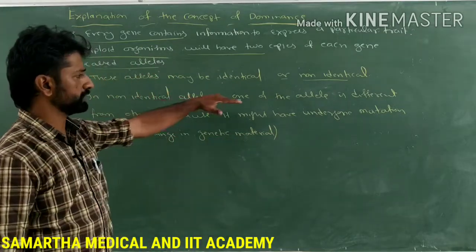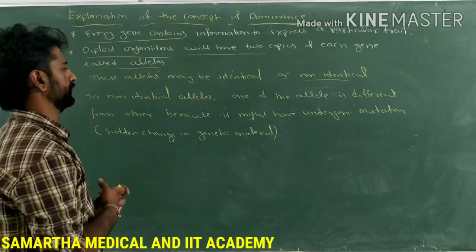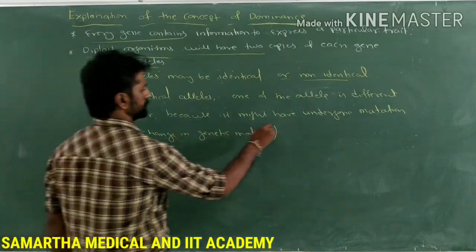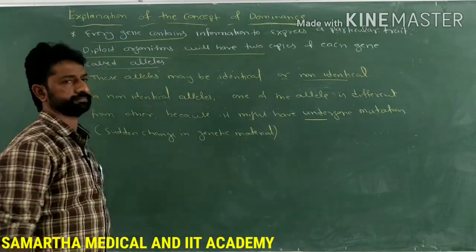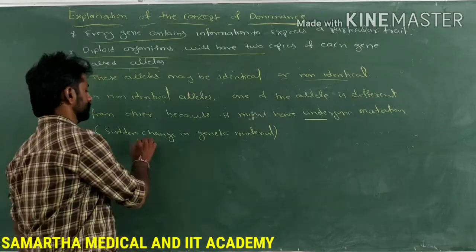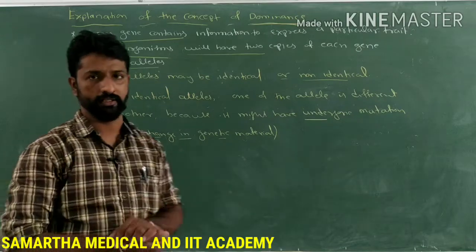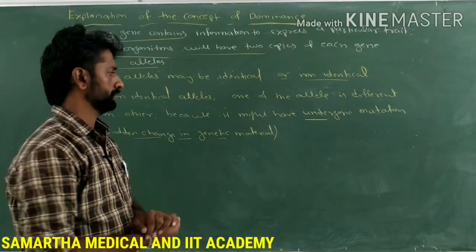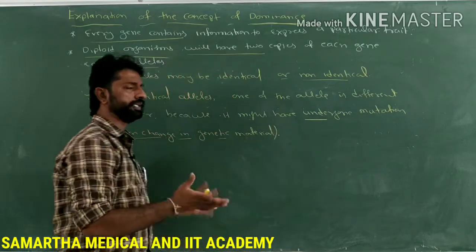So this difference in that allele from the other is because it has undergone mutation. Mutation is nothing but a sudden change in the genetic material. Because of that only, one of the alleles will be different from the normal one.